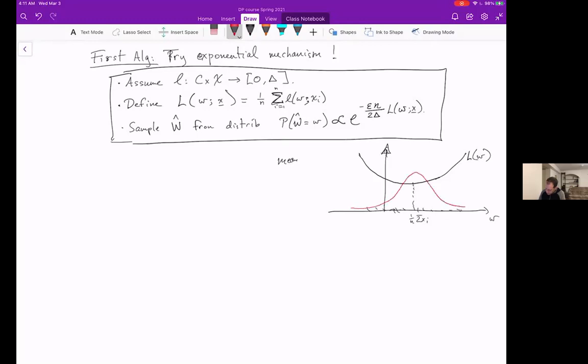And that's only going to work if you're working on some bounded set, right? So L is delta bounded only if we constrain the data and the parameter.